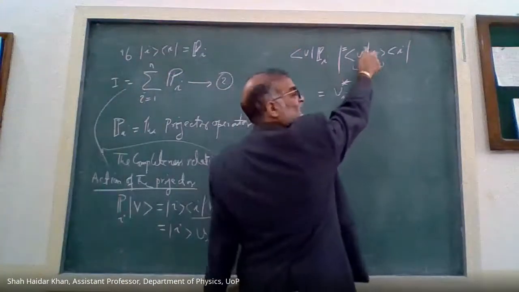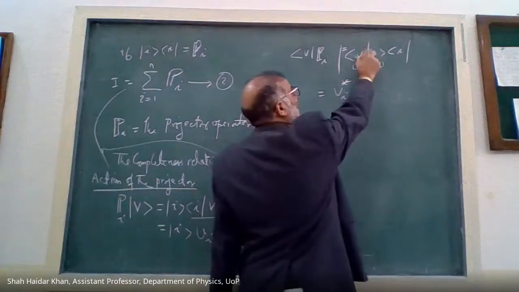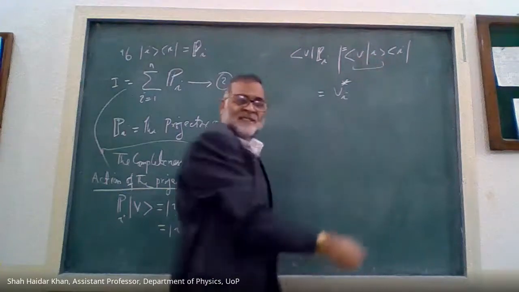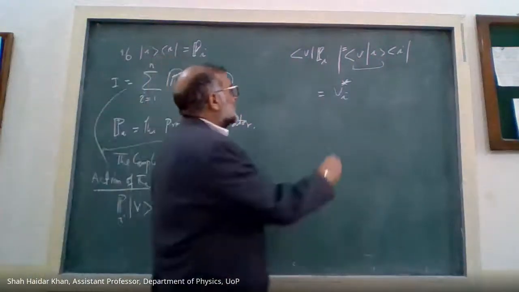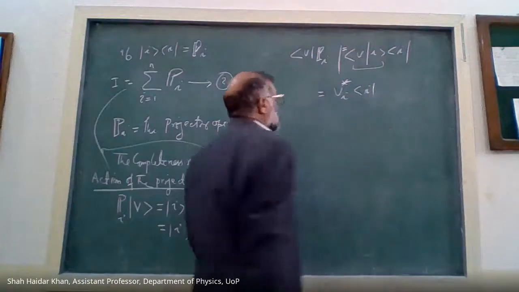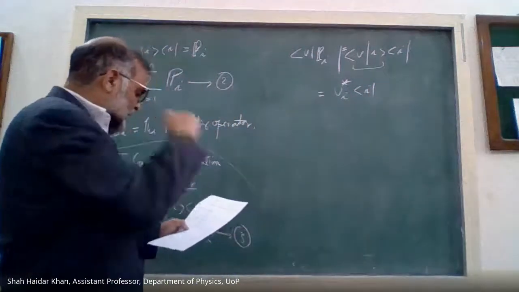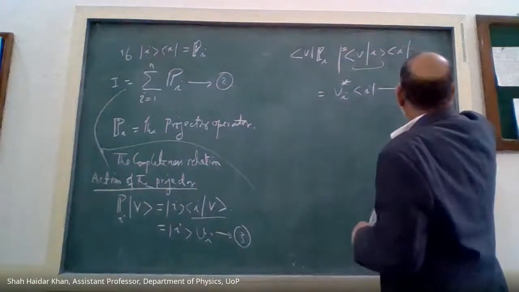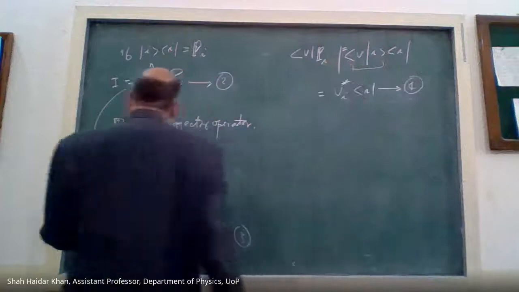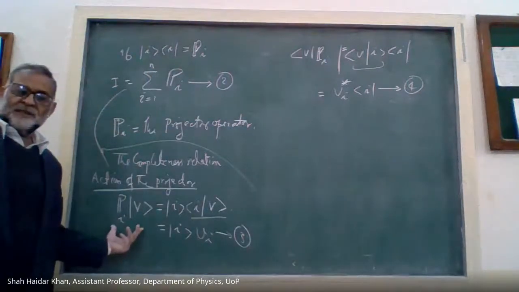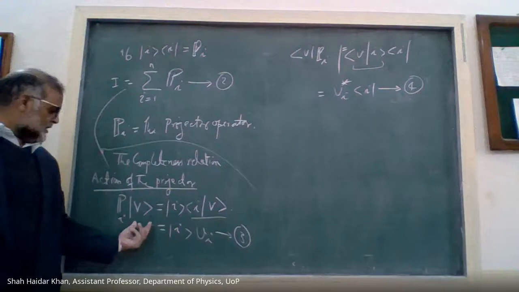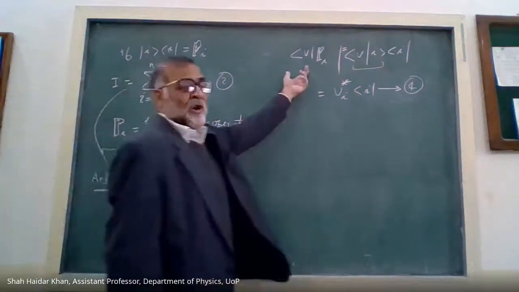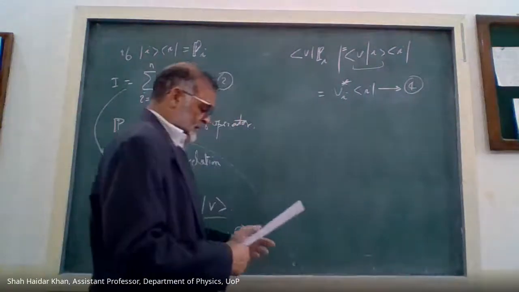We have done this: ⟨V|i⟩ is equal to ⟨i|V⟩ star, the complex conjugate. So it is the same thing when it acts on a bra. The projection operator can act on a ket, giving this result, and it can also act on a bra, giving a similar result.